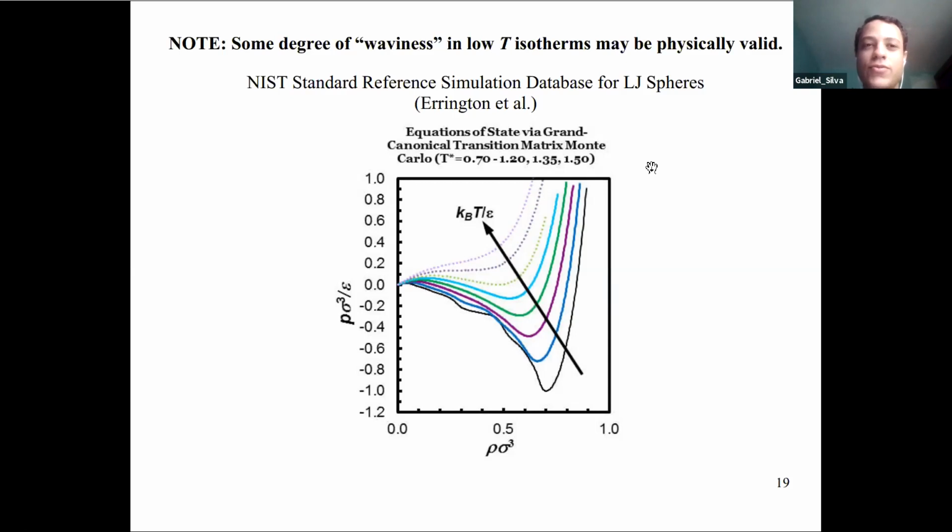And these kinds of potentials, which exhibit some soft core repulsion, are somewhat common to represent colloid systems. I was wondering if maybe these artifacts could be interesting, not to eliminate them, but to use them in this kind of system.